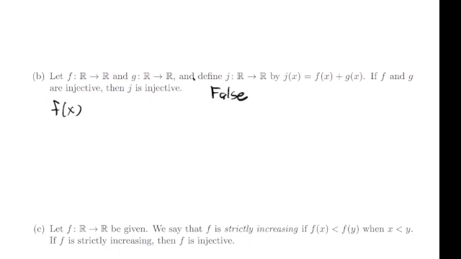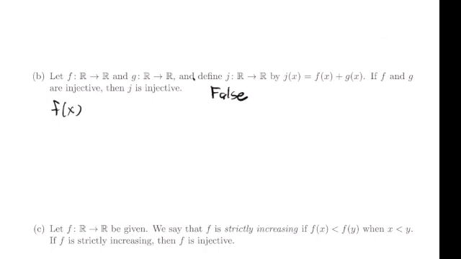So this is false. And if we want to prove that this is false, and this is what we'll get to a lot next time, then we just need to find one concrete counterexample, or at least show that a counterexample might exist.